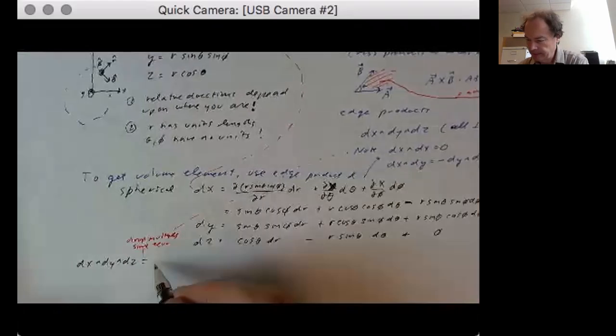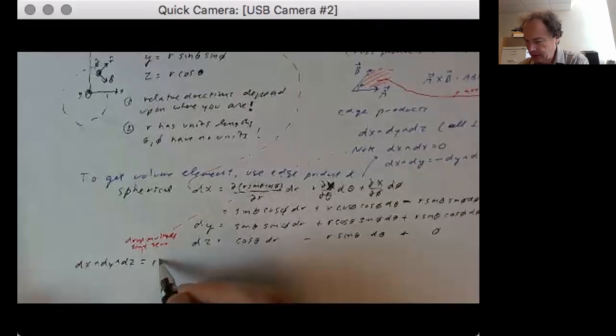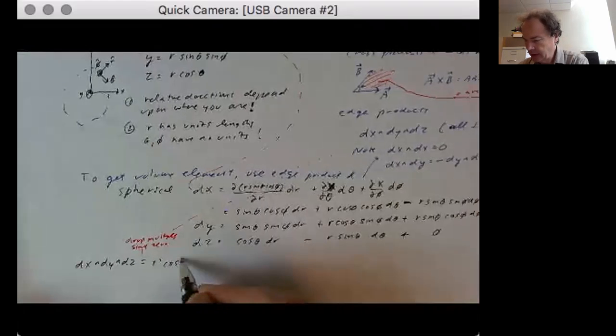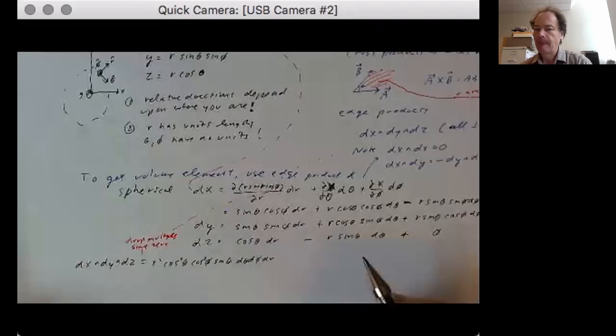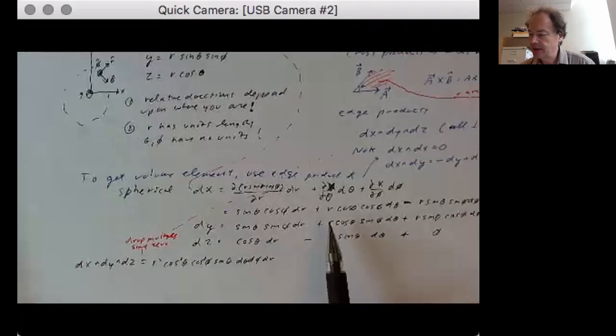Well, you get r squared cosine squared theta cosine squared phi sine theta d theta d phi dr. I'm starting with the dr from down here, so I have to take a d theta and d phi from either this way or that way.